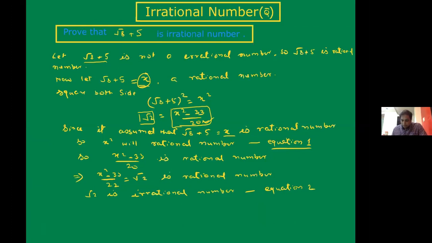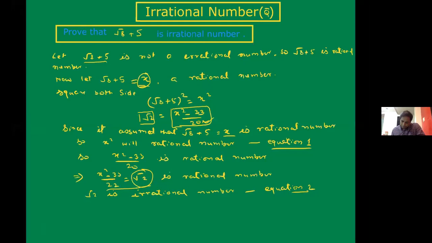So (x square minus 33) by 20 equals √2, which is an irrational number, because √2 is the irrational number. So one side I have assumed (x square minus 33) by 20 is the rational number, and the other side √2 is the irrational number. That is equation number 2 I have considered. So if √2 is an irrational number, that means somewhere x square is also an irrational number.